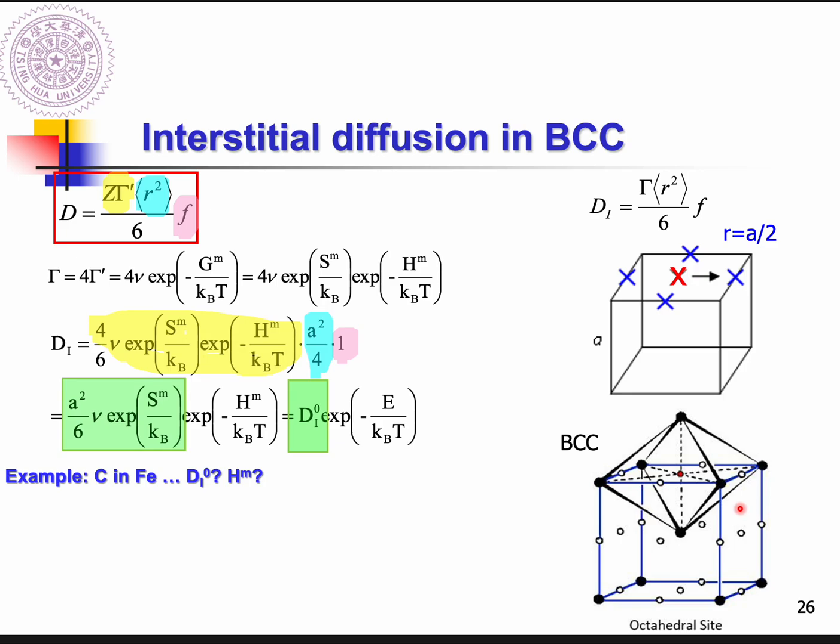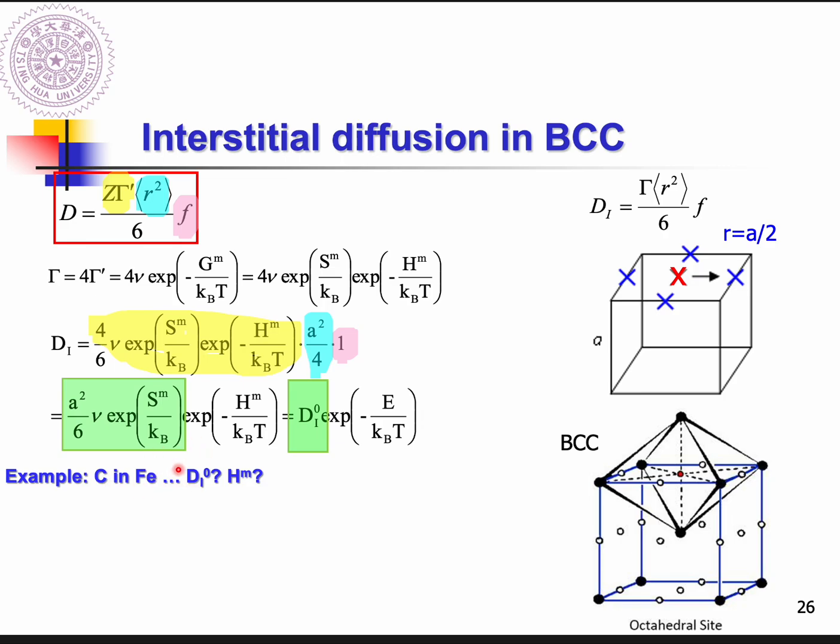For example, if I have iron materials, and I try to dump smaller carbon atoms inside these iron materials, and after calculation, the size of carbon is smaller and can be located at interstitial sites in iron crystal structures. So what are the D0 and migration energy of these carbon atoms?